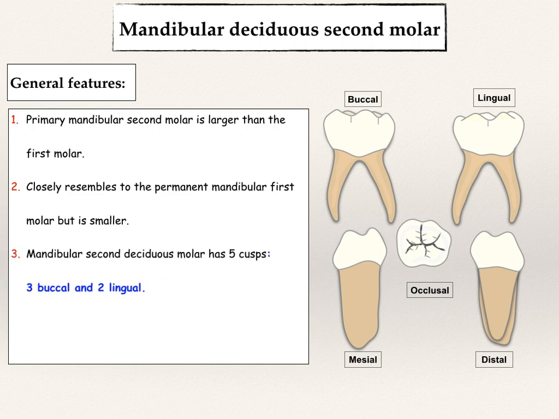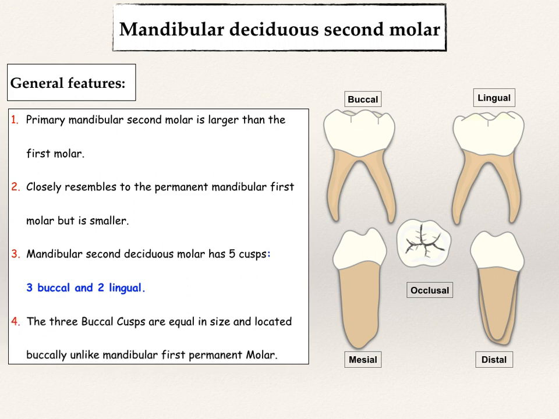It contains 5 cusps: 3 buccal cusps, mesiobuccal, distobuccal, and distal, and 2 lingual cusps, mesiolingual and distolingual. The 3 buccal cusps are equal in size and located buccally, unlike mandibular first permanent molars.